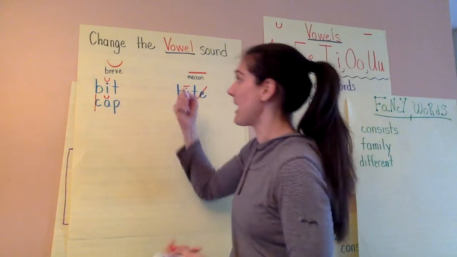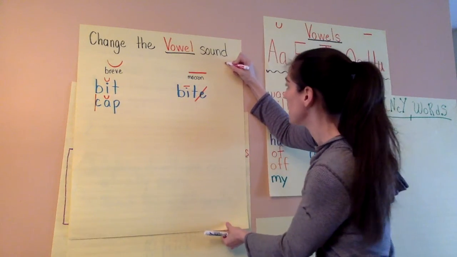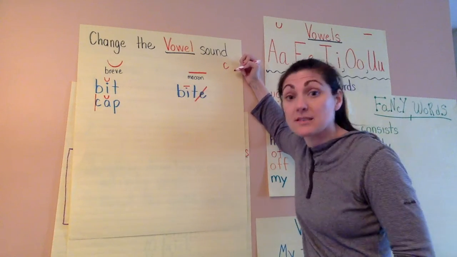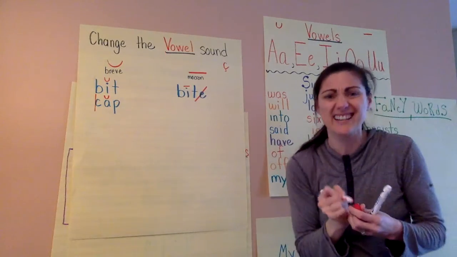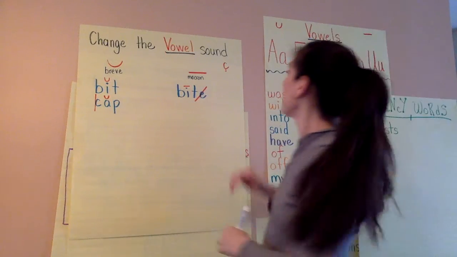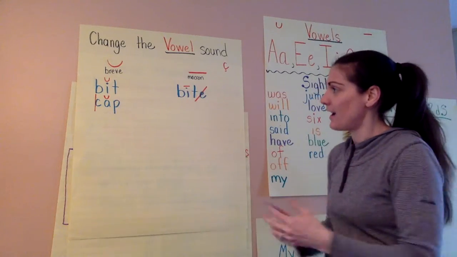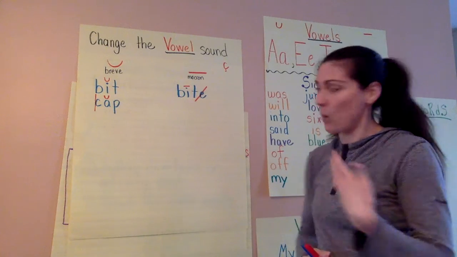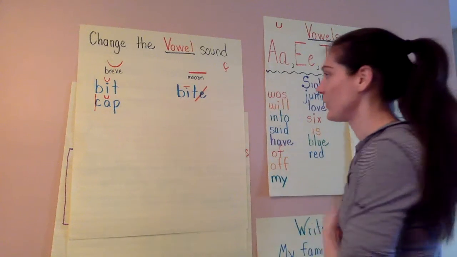So if you had a C that made an S sound instead, you would put a little cedilla underneath it. Kind of looks like a little S underneath. All right. So again, that's like 1st, 2nd grade skill. But some of the kids were wondering about how you coded a C if it said a K sound. So I went ahead and showed them in class.